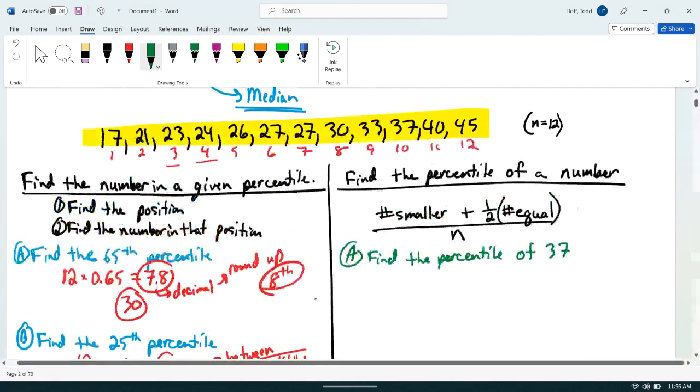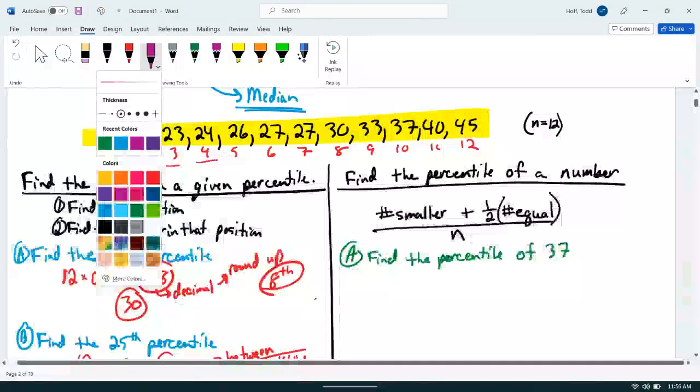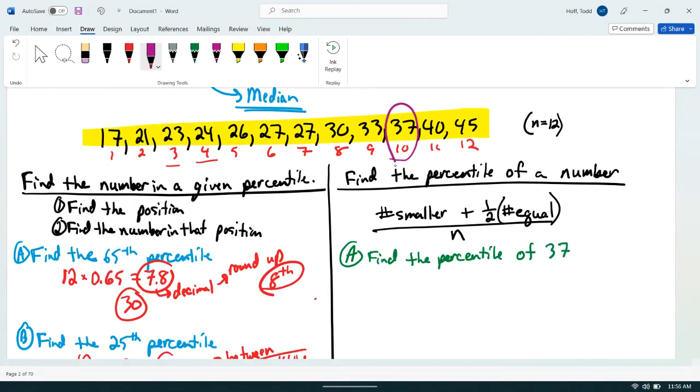If we look up here in our list, here's 37. There are 9 numbers smaller and only 1 equal to it. So 9 smaller plus 1/2 times the one that's equal, over, of course, n equals 12. So this is 9.5 over 12.